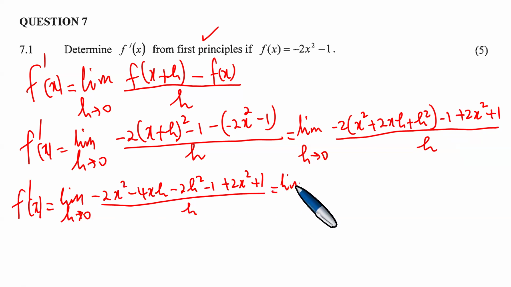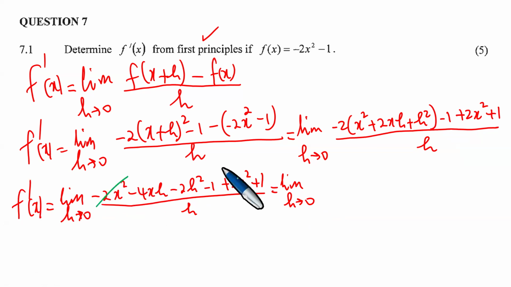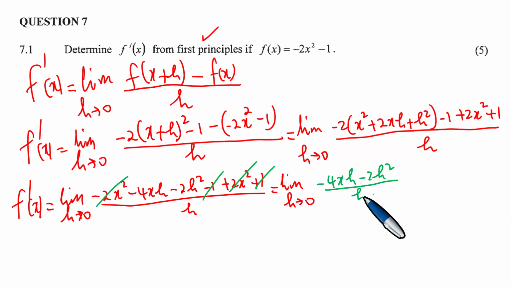Let us deal with some of the cancellations of terms: minus 2x squared and 2x squared cancel out, minus 1 and 1 cancel out, and we have minus 4xh minus 2h squared, all divided by h.